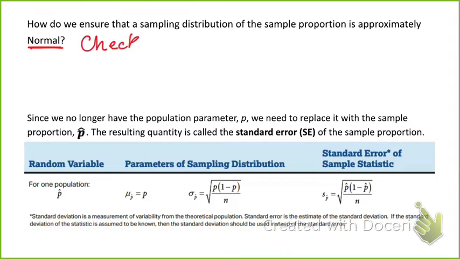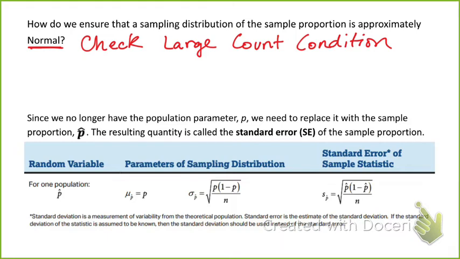We had to check the large count condition. As long as the large count condition was met, we had an approximately normal distribution full of P hats. Anybody remember what the large count condition was? Like, how do you check that thing? N times P had to be greater than or equal to 10.